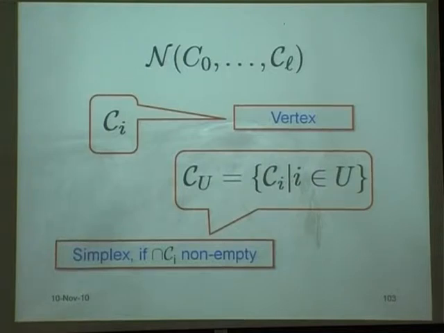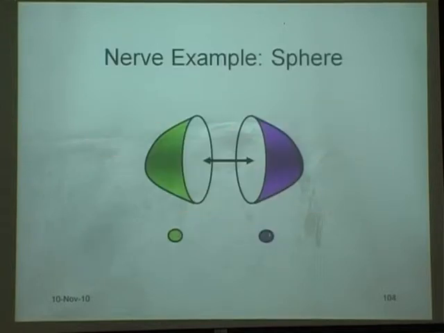If the intersection is non-empty, it is a simplex. And so given a complex and a covering of the complex, we can get a nerve complex out of that. And the nice thing about the nerve complex is that it typically has a much simpler structure than the original complex. And so if we can prove things about the nerve, then it's better than proving things about the original complex.